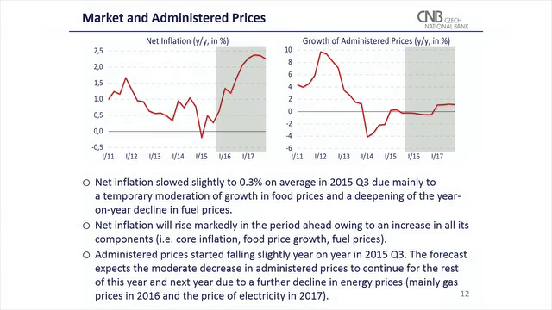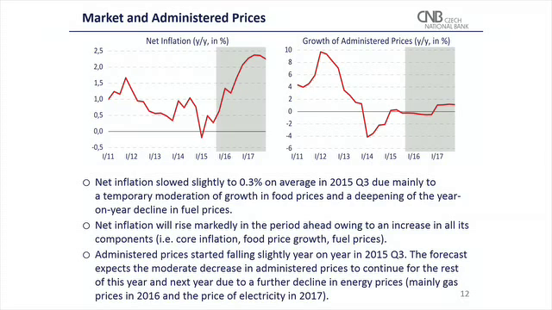Going forward, we expect that administered prices will continue in a slight decline until the end of 2016, which in 2016 will mainly reflect the assumed decline in natural gas prices for households, following the already observed decline in the commodity price internationally.